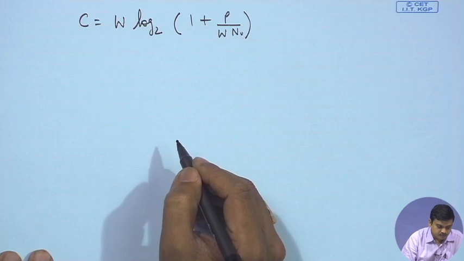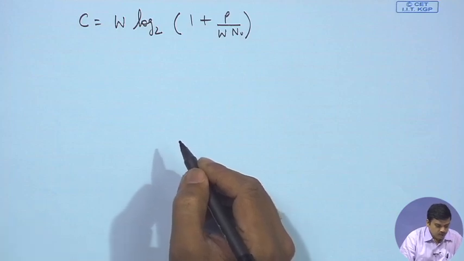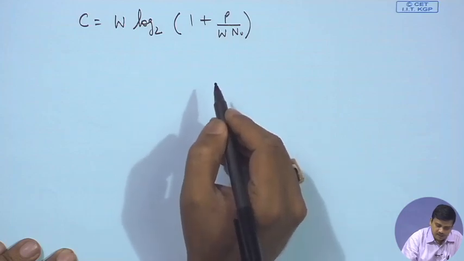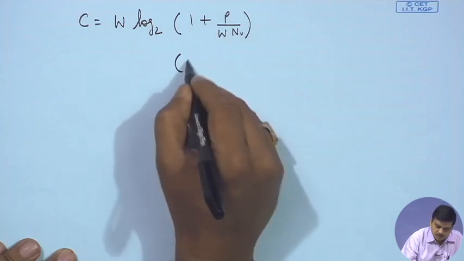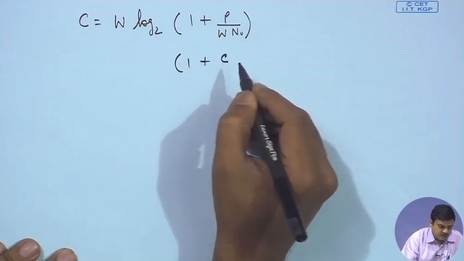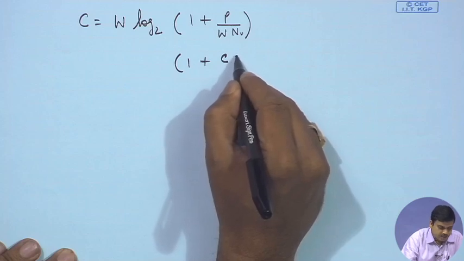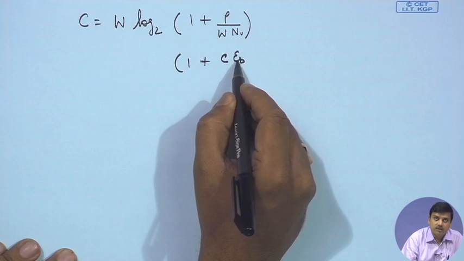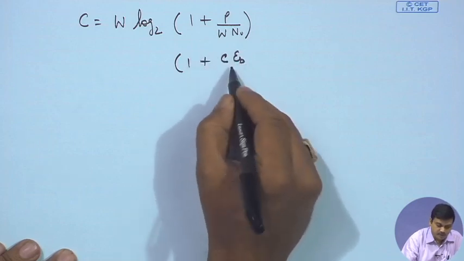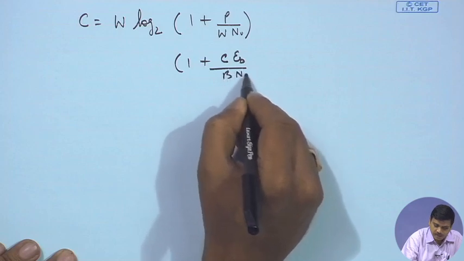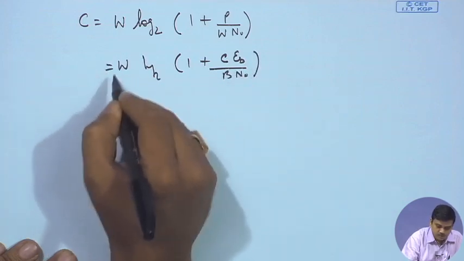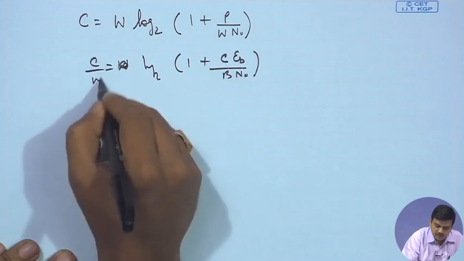So, we could also write this in terms of 1 plus C times Eb, bits per second times energy per bit, you are going to get the average power, by N naught W, log base 2. So, we can write C by W.